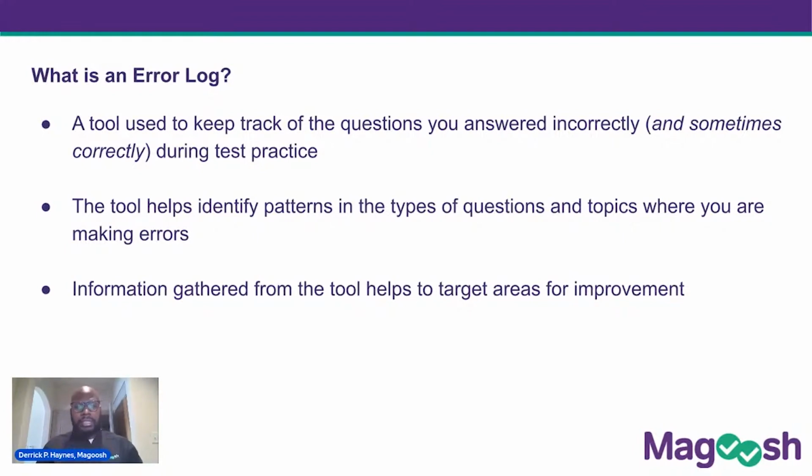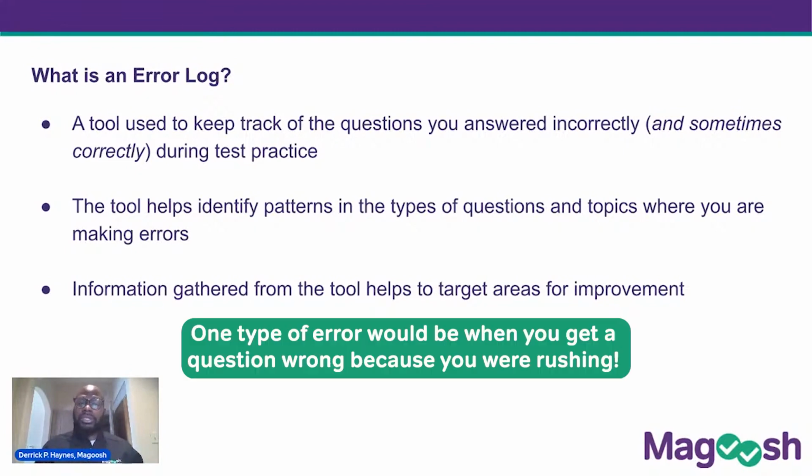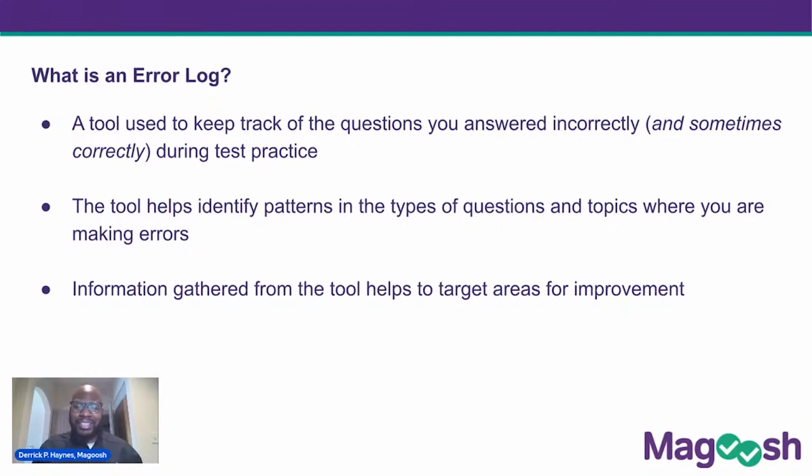When it comes to test prep and taking an exam, there are different types of errors you can make, right? There are some errors that you can make because of rushing on an exam. Have you ever missed a question because you were rushing, moving in haste to beat the timing on your exam?